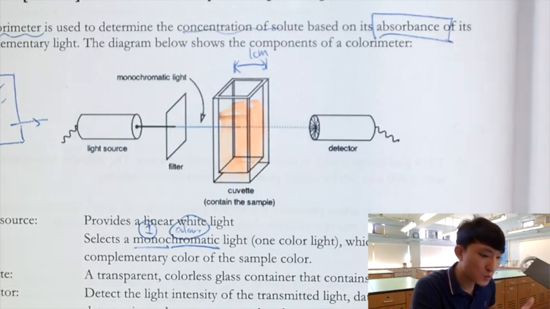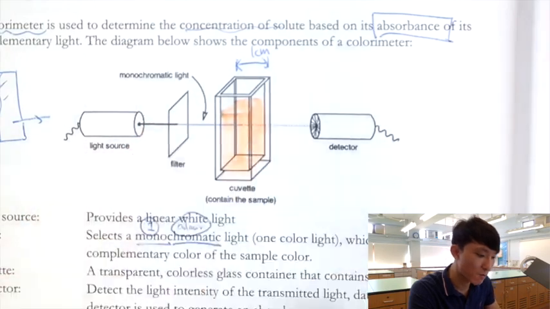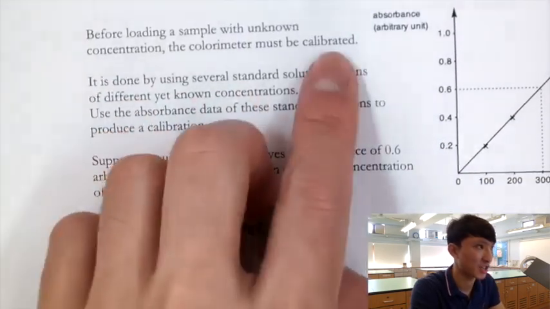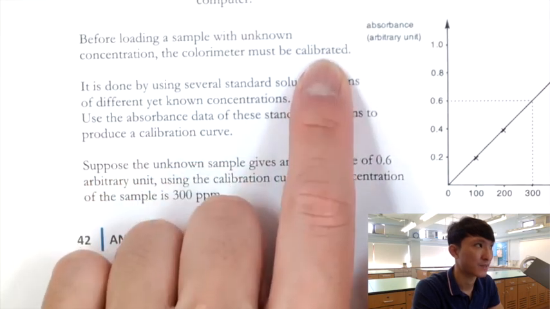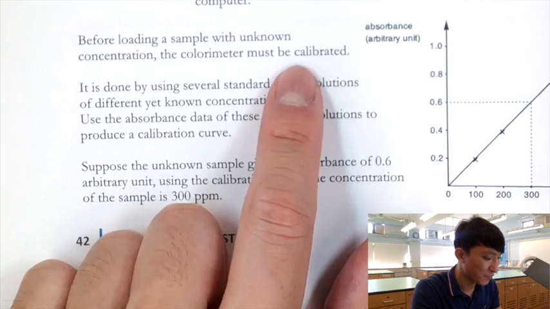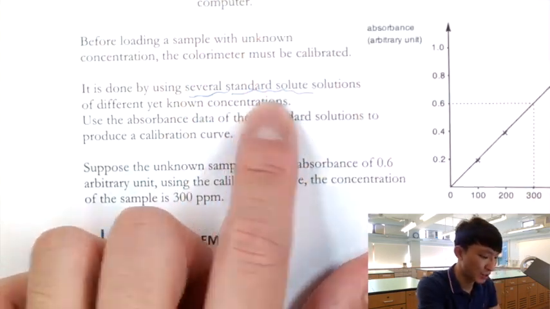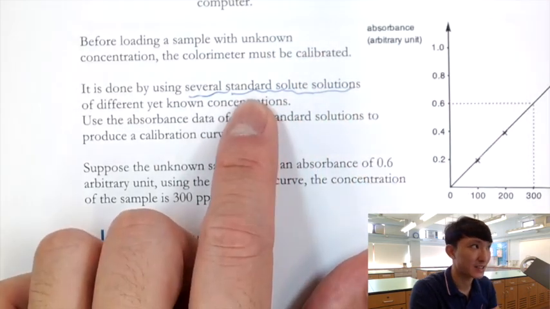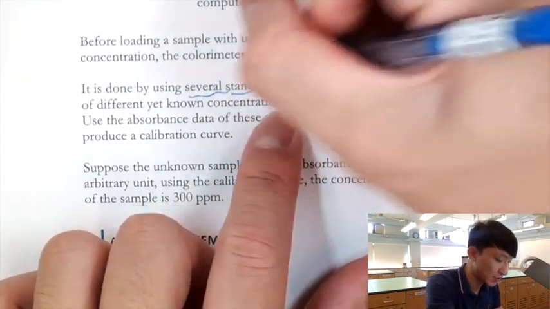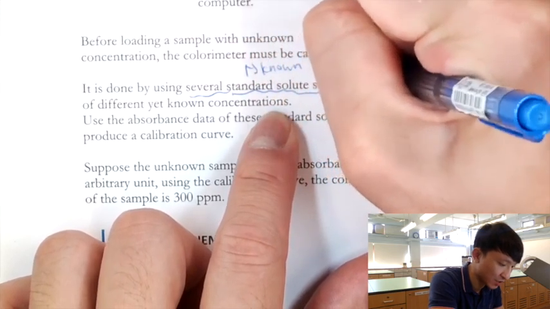So that's why before we carry out the analysis with our sample, we need to do one important step. We call it calibration. So how do we do a calibration? In fact we use several standard solute solutions. Standard solute solution means they have known concentrations.